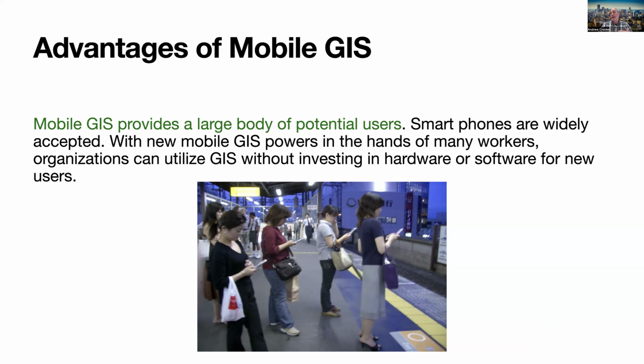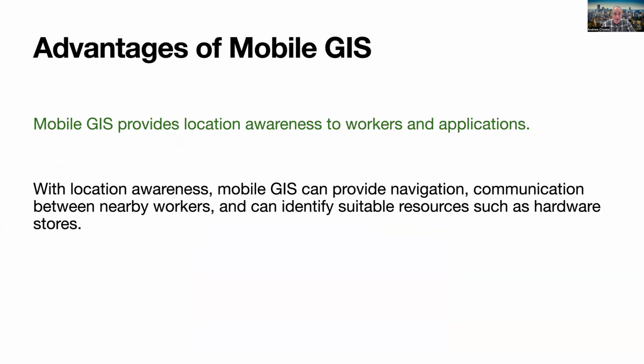They can just deploy applications as software as a service, and therefore collect that information. Lots of people will have mobile devices, so potentially everybody has a device that can collect or edit information. So there's a lot of advantages in this.